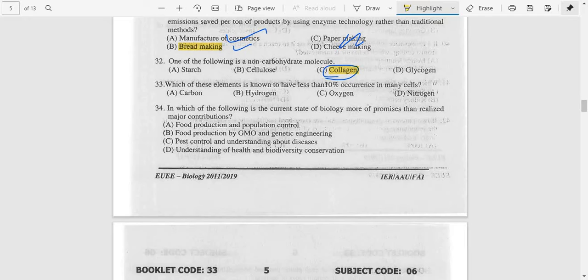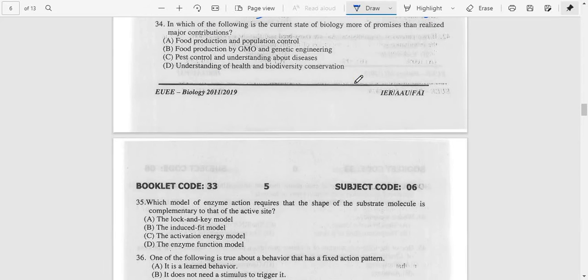Oxygen is not, it's about 60%. Nitrogen is 4%. Hydrogen is not. Carbon dioxide is not, it's 11%. So our answer is going to be nitrogen.